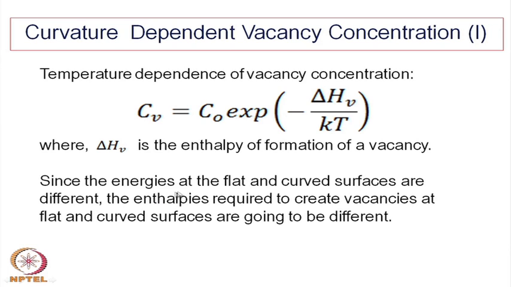Since the energies at the flat and curved surfaces are different, we have seen that the potentials are different by delta mu. So, the enthalpies required to create vacancies at the flat and the curved surfaces are also going to be different. Okay. That energy difference also leads to the vapor pressure difference. For the same reason, since the energies are different at different types of surfaces, the vacancy concentration just beneath the surface will differ, because you need a certain energy to create these vacancies.